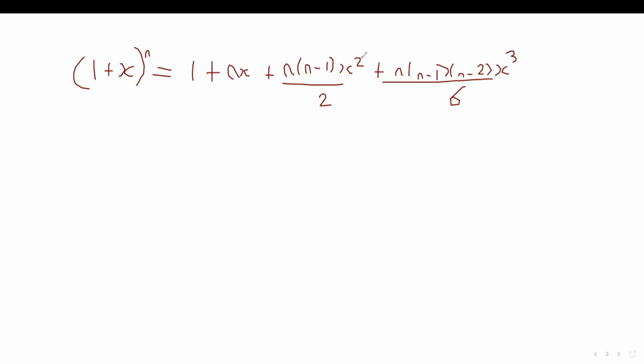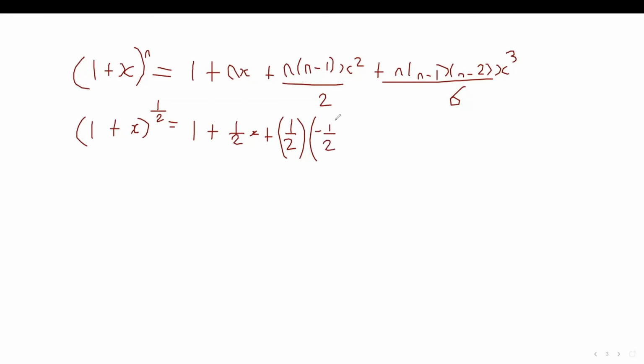All right, are you hearing me, Marika? Yes, sir. All right, let's run through this one now. So 1 plus x to the n. In this case, we're going to let n equal a half. 1 plus x to a half would be equal to 1 plus, replace n with a half, that's now a half x, plus a half times n minus 1, which is half minus 1, which is minus half.